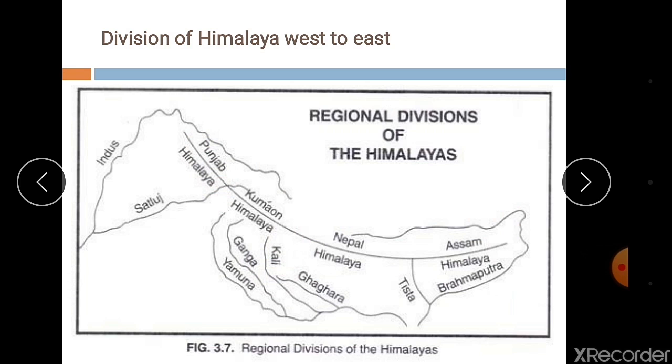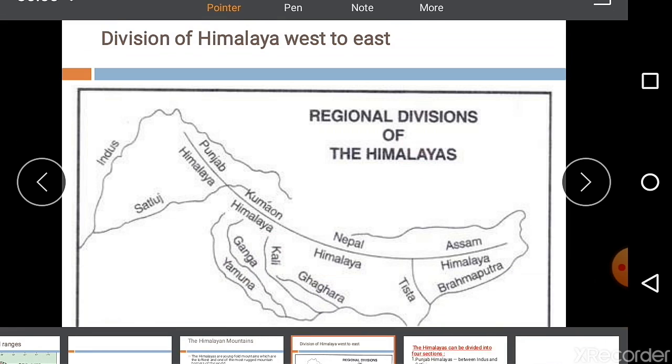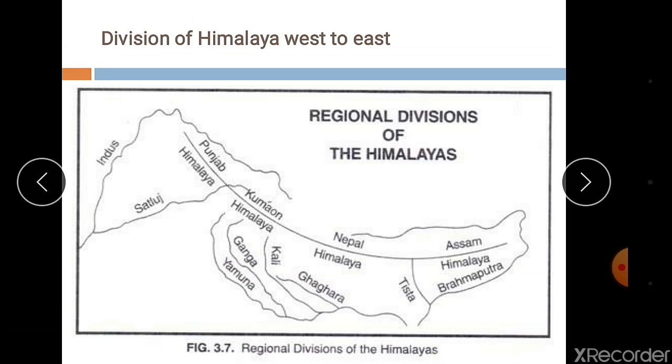The Kali and Tista rivers demarcate the Nepal Himalaya, from Kali to Tista. And the part lying between Tista and Dihang river is known as Assam Himalaya. There are regional names also in these broad categories. You have to find out those regional names.